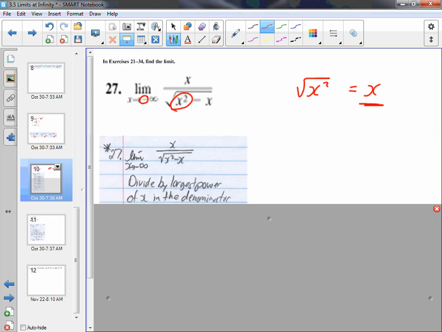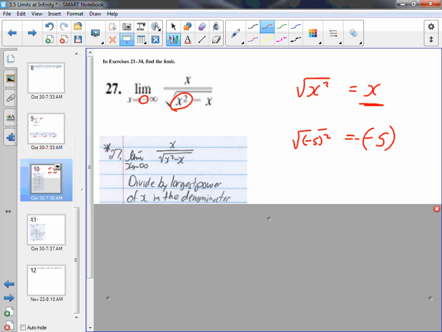So let's say x is negative 5. Pretend x is negative 5. We wouldn't want to say that the square root of negative 5 squared equals negative 5, would we? We want it to equal what? That's how we fix it.